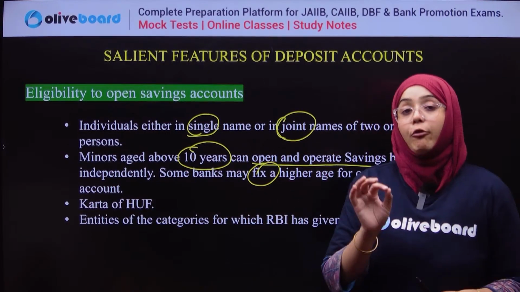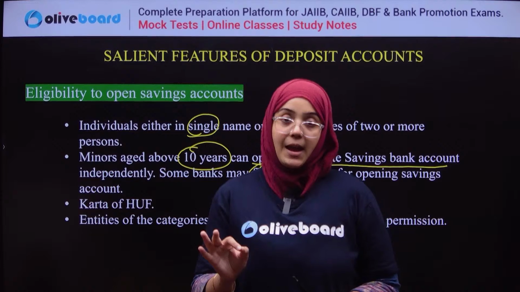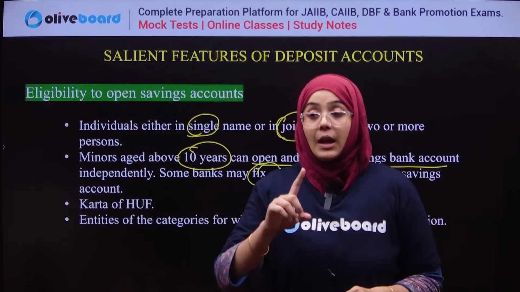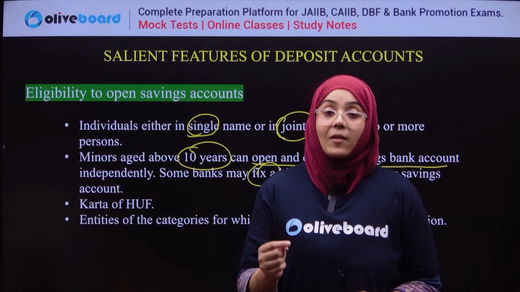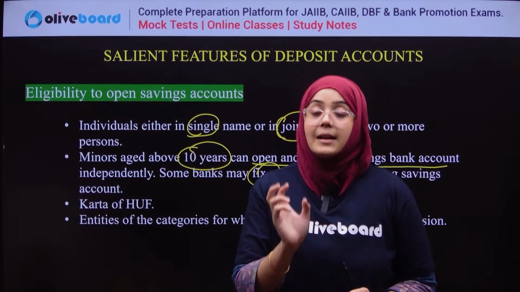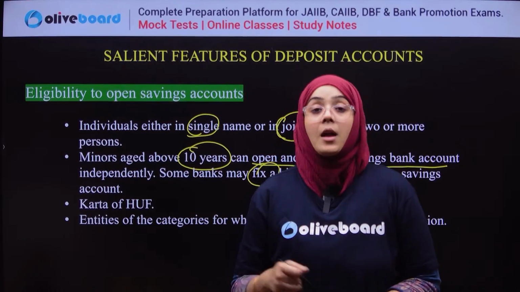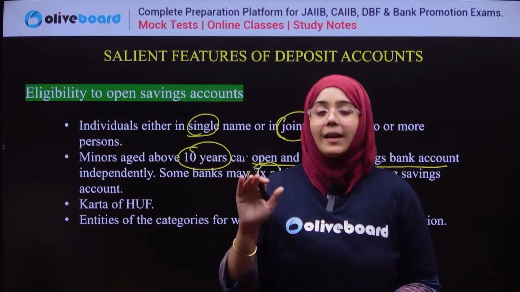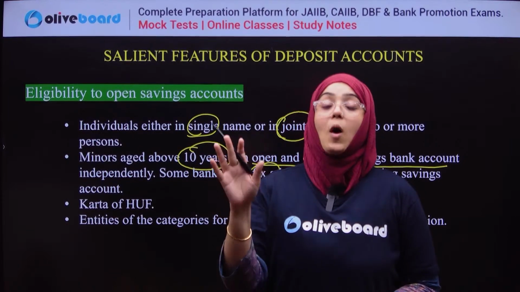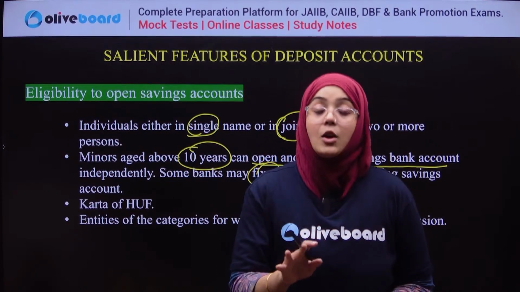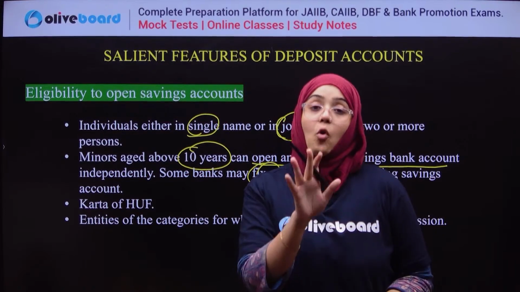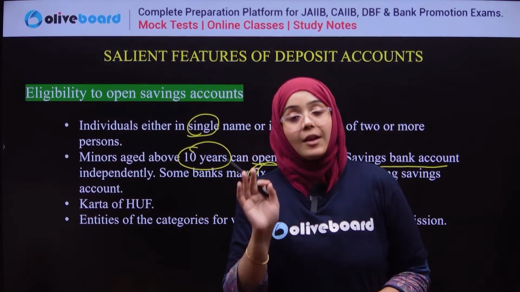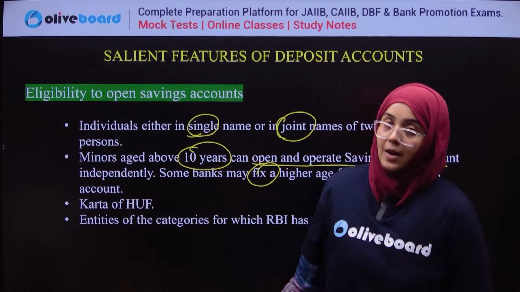So banks are free to fix the minimum age at which they allow a minor to operate or handle the savings account. But a basic criterion for all banks is that if you are a minor aged above 10 years, then you are free to open as well as operate the savings account.